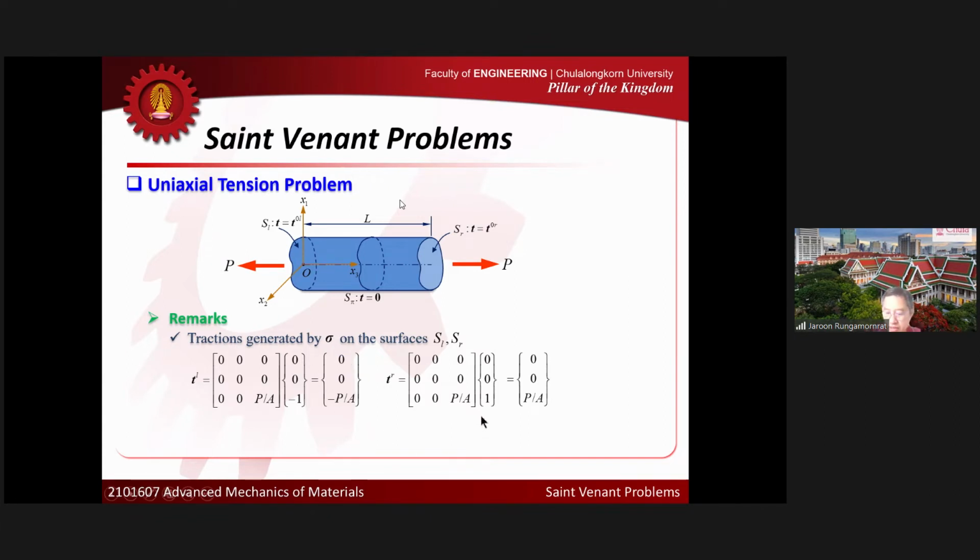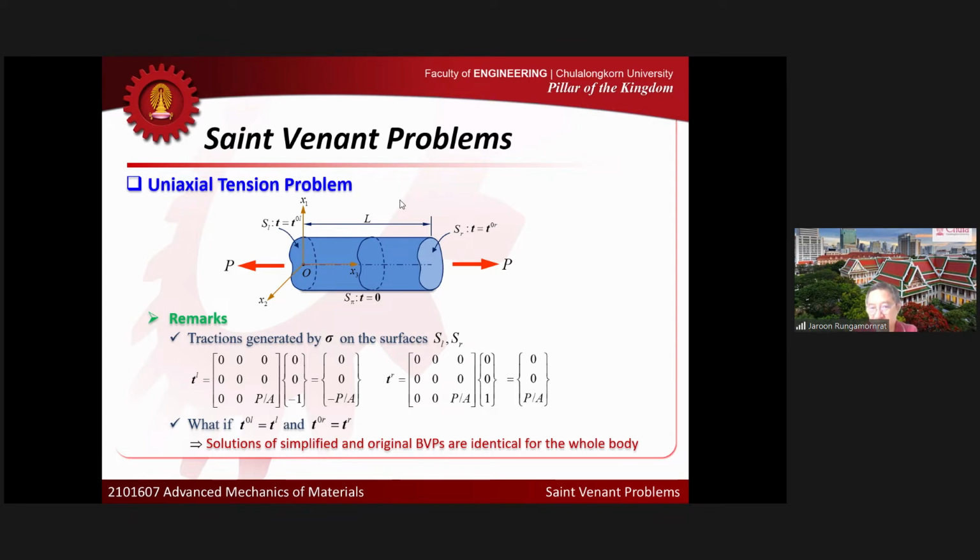If the prescribed traction, the one that you apply at the left end and at the right end, is exactly the same as the T_L and T_R here that you got from the stress field, what can you conclude? If T0L is exactly the same as that one, and T0R is exactly the same as that one, you can conclude that the solutions of the simplified and the original BVP are exactly the same.